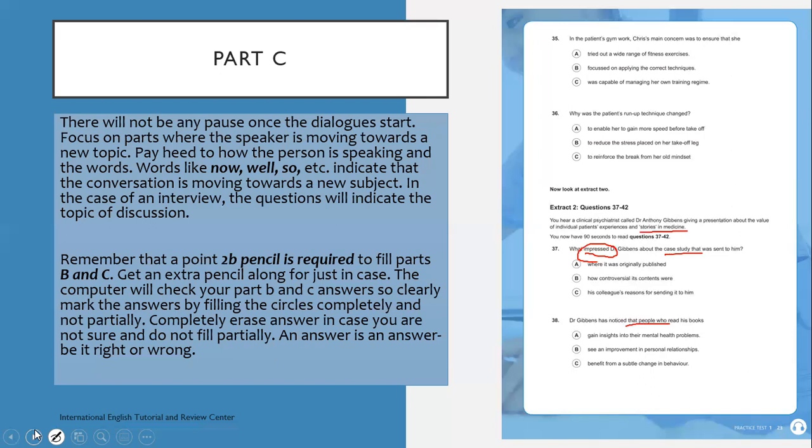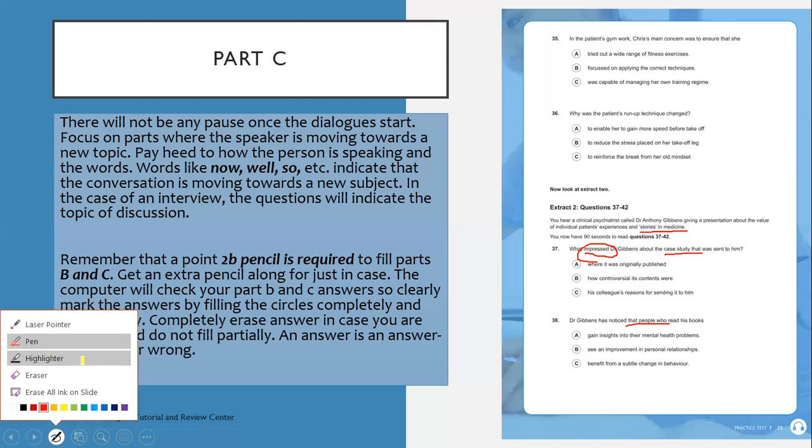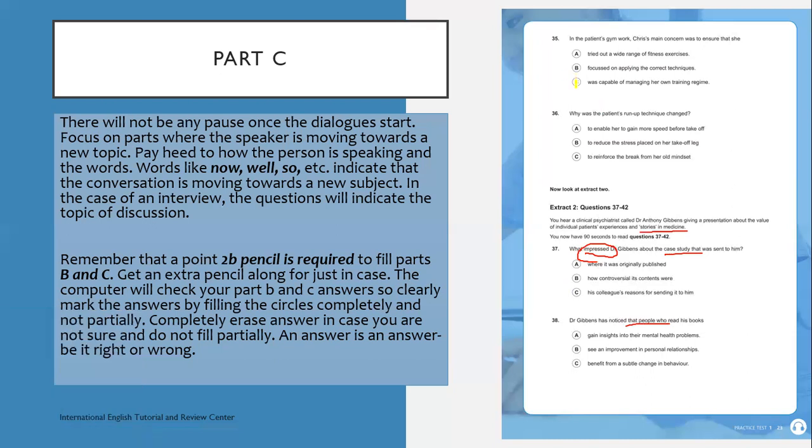Now, in part B and C, I recommend you use pencil because in case you want to change your answer, you're going to erase that. Please erase completely, because if you shade both letters, for instance, and then you want to change your answer to letter A, the computer will get confused.